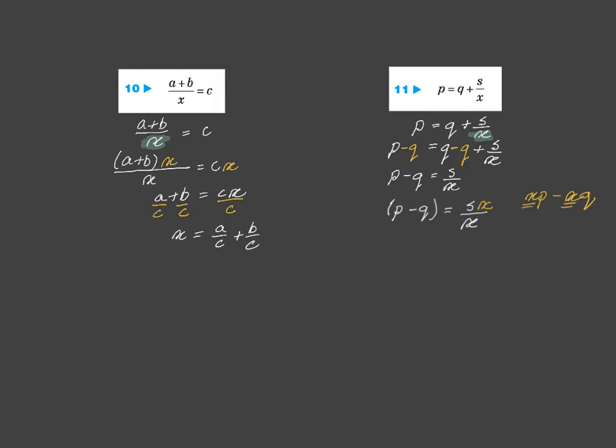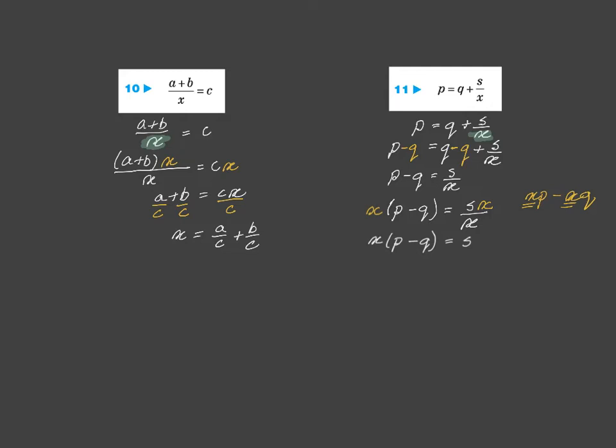So what I do is I bracket the p and q, and I simply multiply both of them by x, but I don't actually distribute that x. On the left, I will have x multiplied by p minus q, and I'm not going to distribute that.